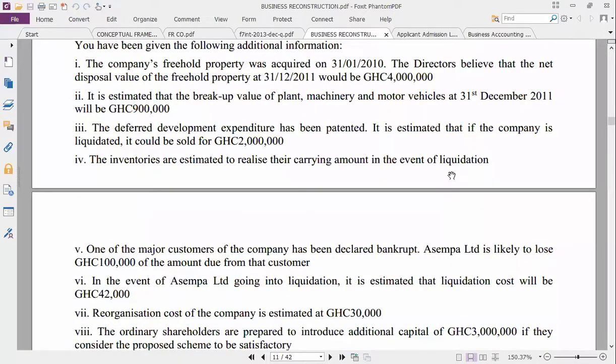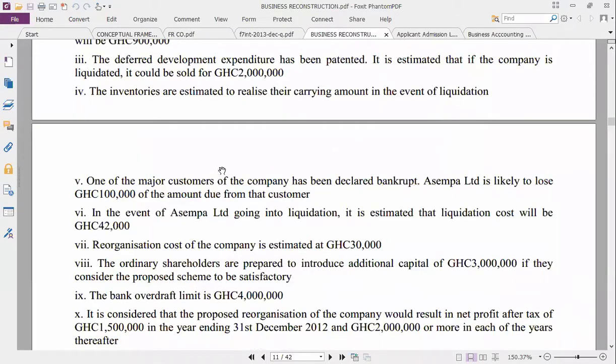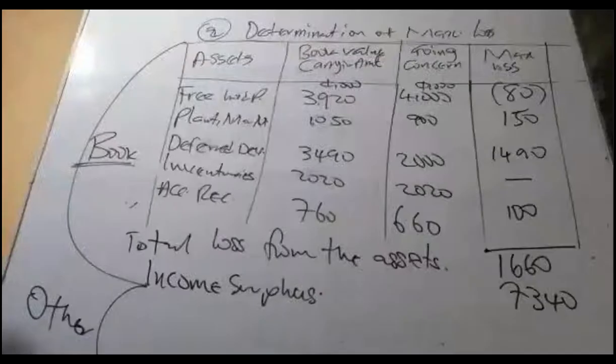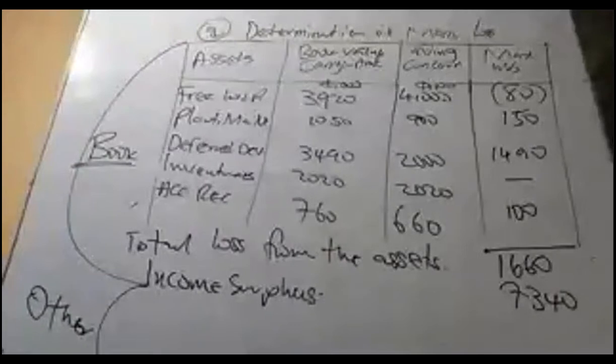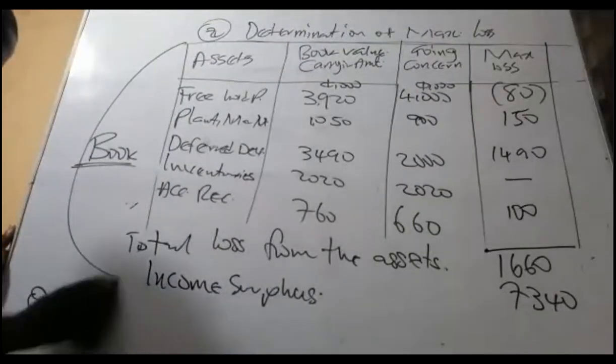The reorganization cost of the company is estimated to be what? 30,000, right? So that's 30,000 reorganization cost. Right here, reorganization cost. Please, this section should not become zero. These sections are not part of the solution.